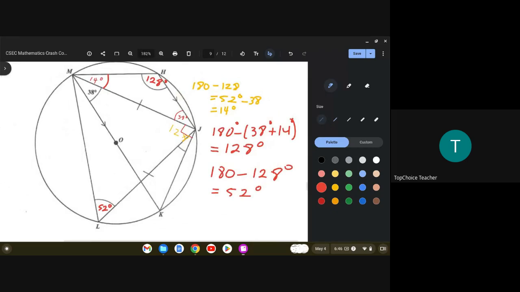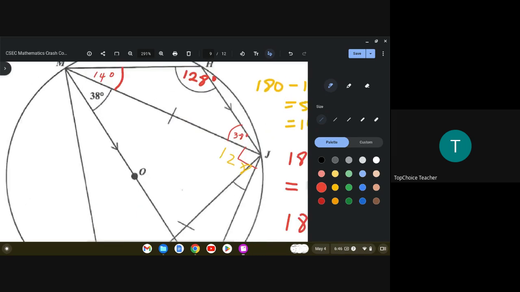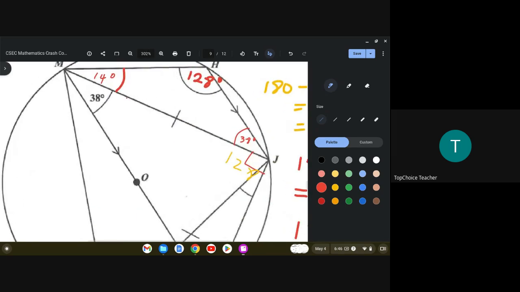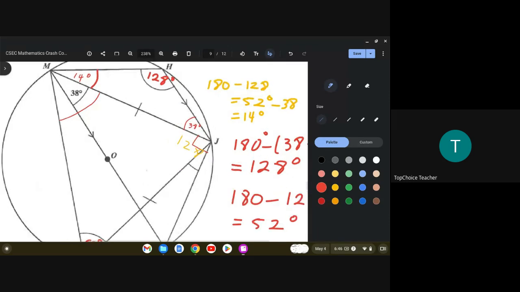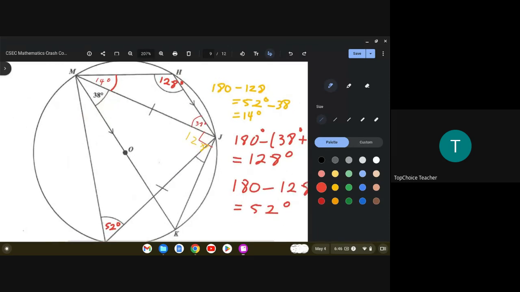By the way, we had figured out an angle earlier, and I didn't include it in the diagram, but I want to include it now.